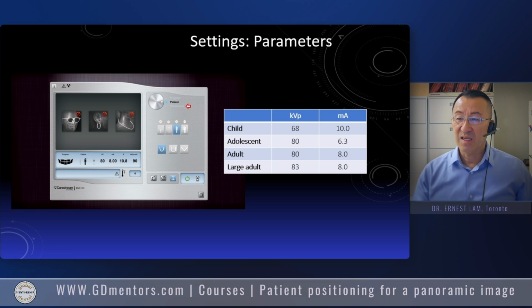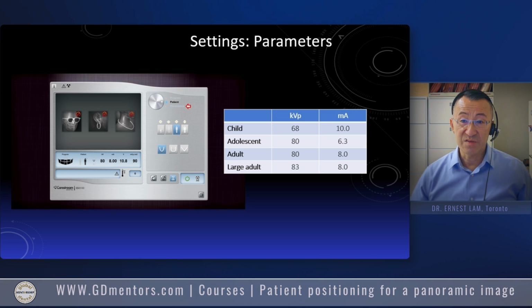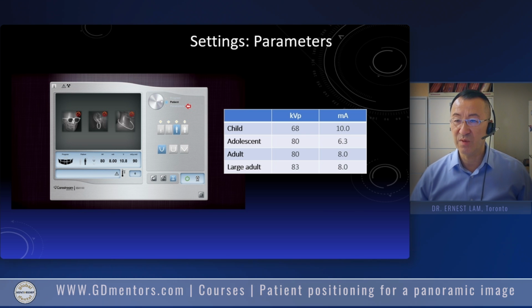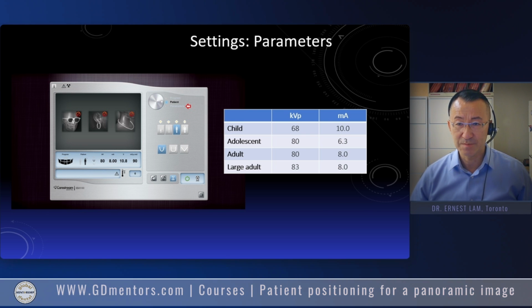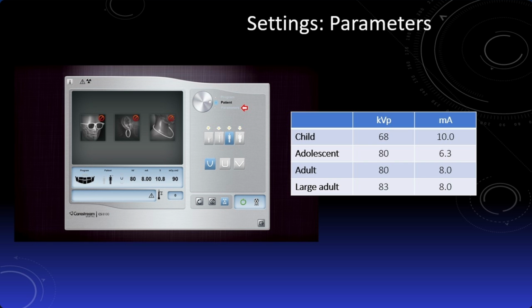So these are the KVP and MA combinations of this particular system. You can see that the KVP will range from 68 to 83 KVP from a child to a large adult, and from 6.3 MA to 10 MA. These settings have been defined by the manufacturers of these systems, and you should use them and trust them.